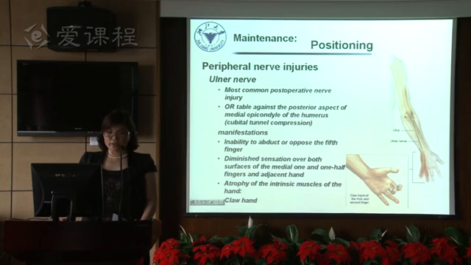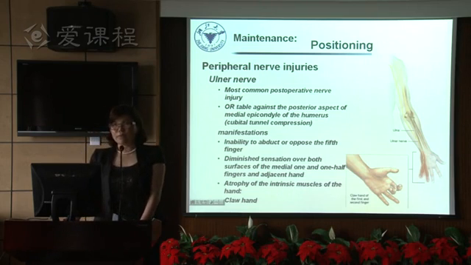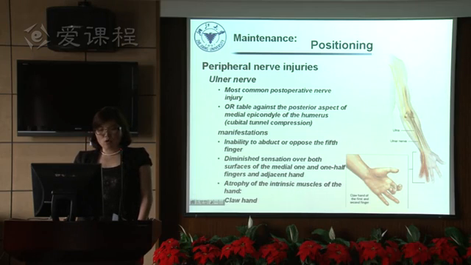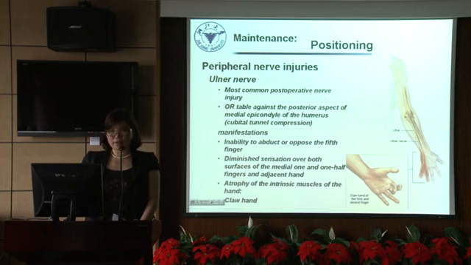Ulnar nerve injury is usually the most common postoperative nerve injury, caused by the nerve lying against the OR table at the posterior aspect of the medial epicondyle of the humerus. The manifestations are inability to abduct or oppose the fifth finger, and diminished sensation over both surfaces, medial one and a half fingers.